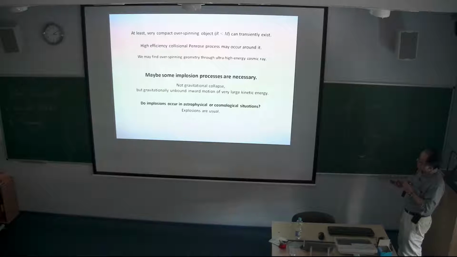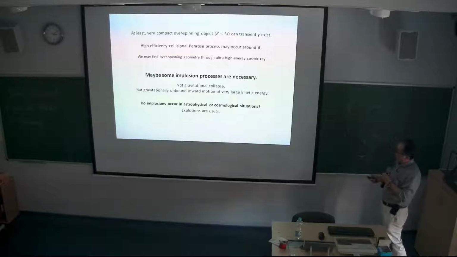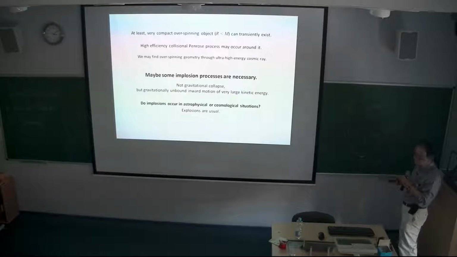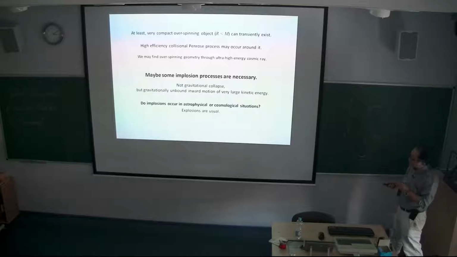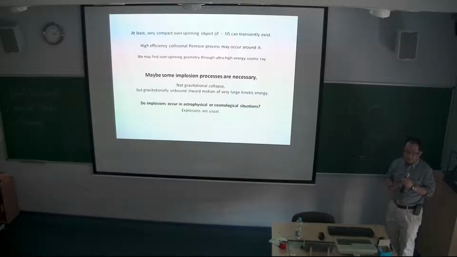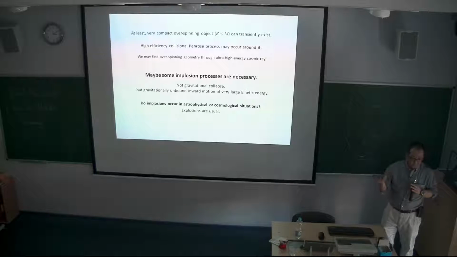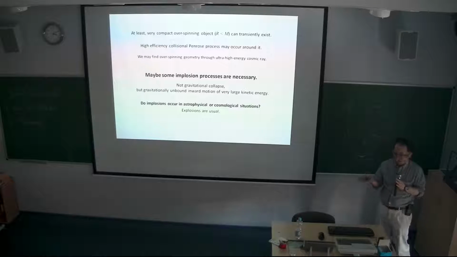Implosion processes mean not gravitational collapse, so the gravitationally unbound inward motion of very large kinetic energy occurs. Usually we consider the cosmological and astrophysical situation. We know some gravitationally bound objects, for example supernova or maybe gamma ray burst.